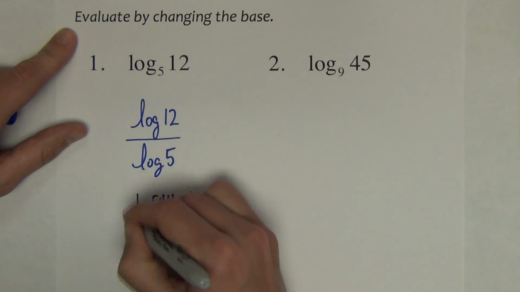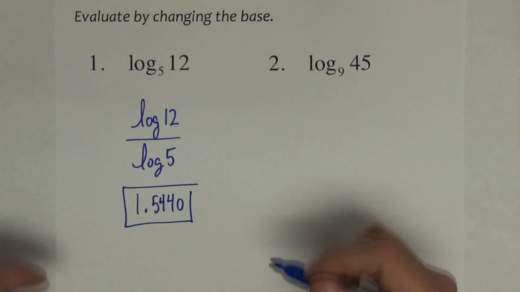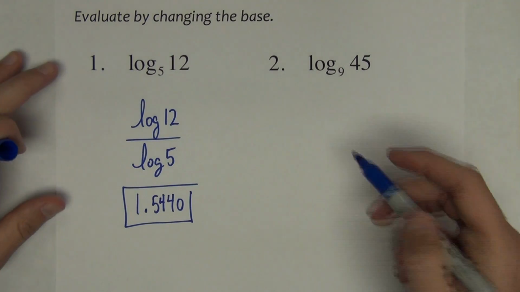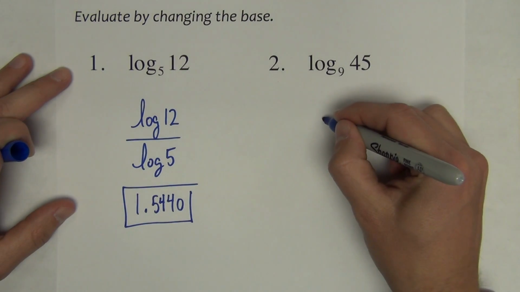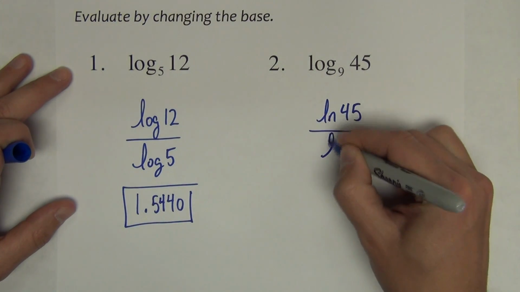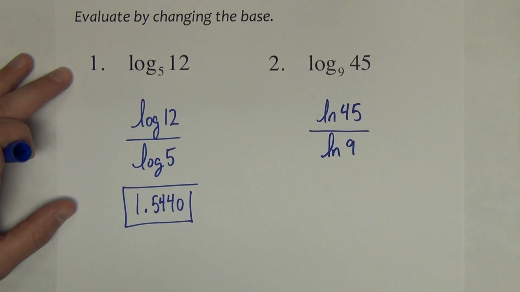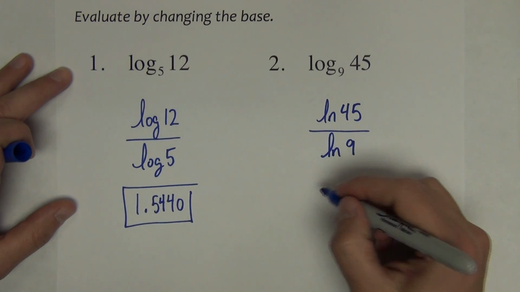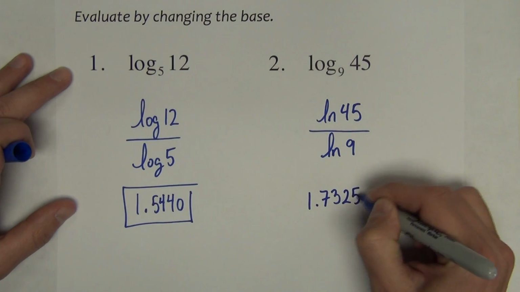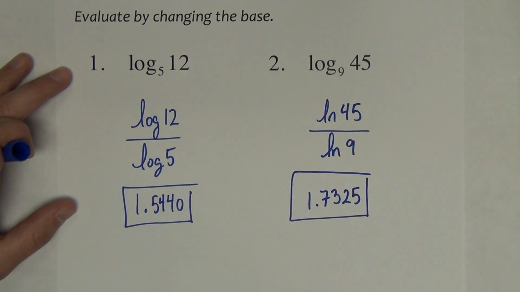I'm going to use 4 decimal places there. And of course I can use natural log. So log base 9 of 45 could be natural log of 45 divided by natural log of 9. And so this is 1.7325. And that's finished.